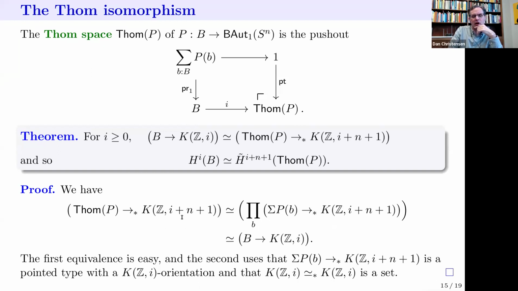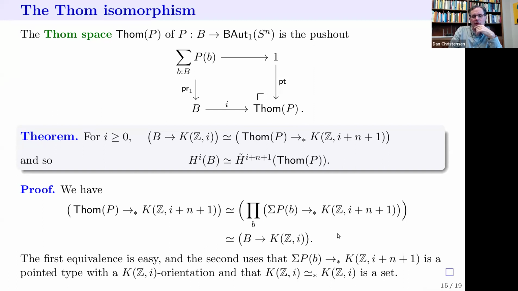So pointed maps from the Thom space to any pointed type are the same as a family of pointed maps from the suspensions of the fiber. But now my claim is that the family in parentheses here is a trivial family, equivalent to KZI.